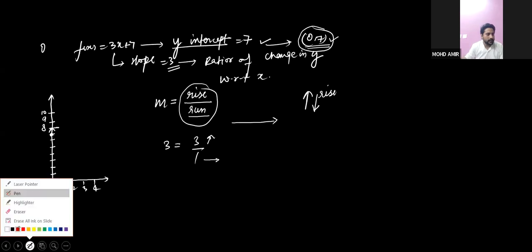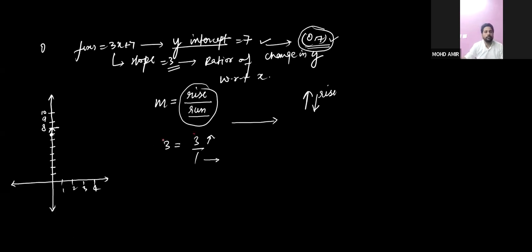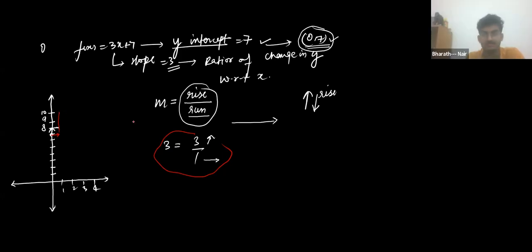Now, the rest is on the slope. Okay, rise and run. So, if we move 1 unit to the right, that is run, then we will be moving 3 units upward, because we have positive values, no?